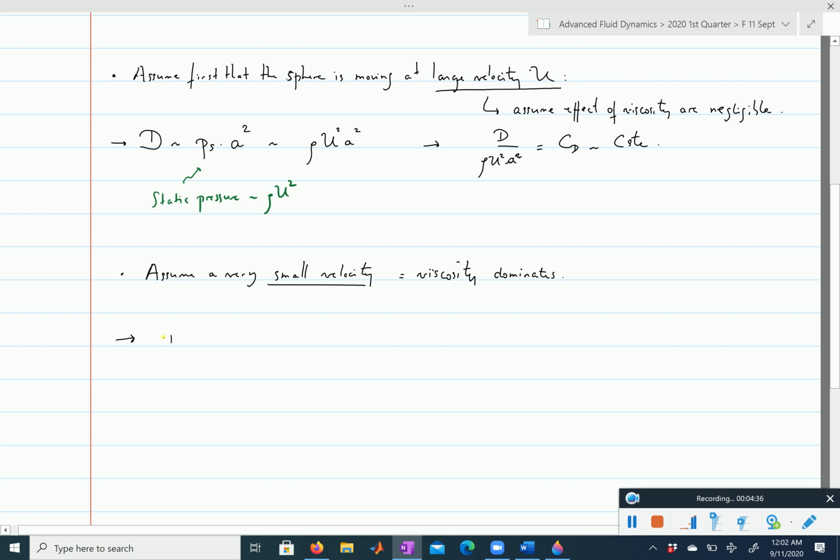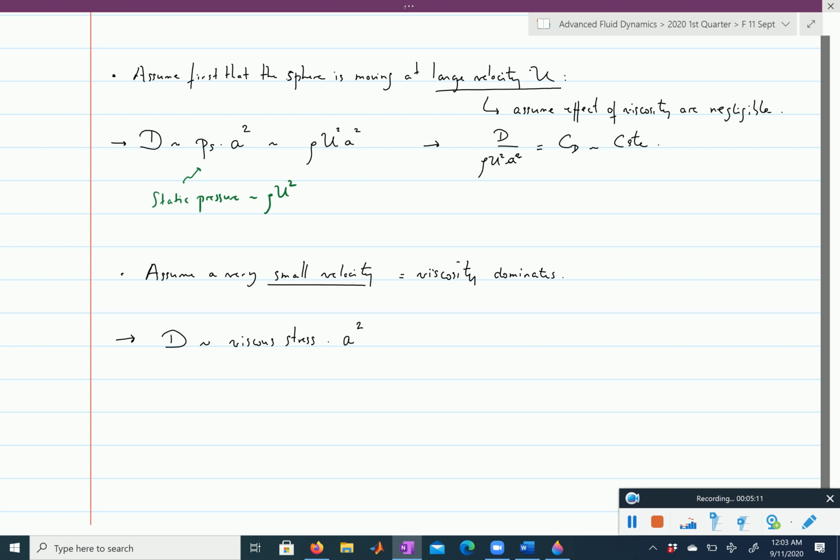Then we have to find a scaling for a drag, and in this case our drag is going to scale with a viscous stress. Right, so here we had a pressure. Pressure has the same units as stresses, so pascals. So the drag will scale like a viscous stress, and the viscous stress is applied on the surface of the sphere, so the viscous stress times a scale for the surface, which is still a squared.